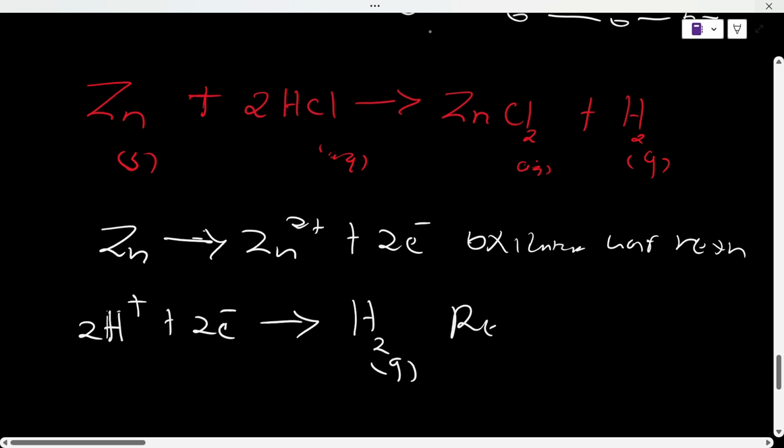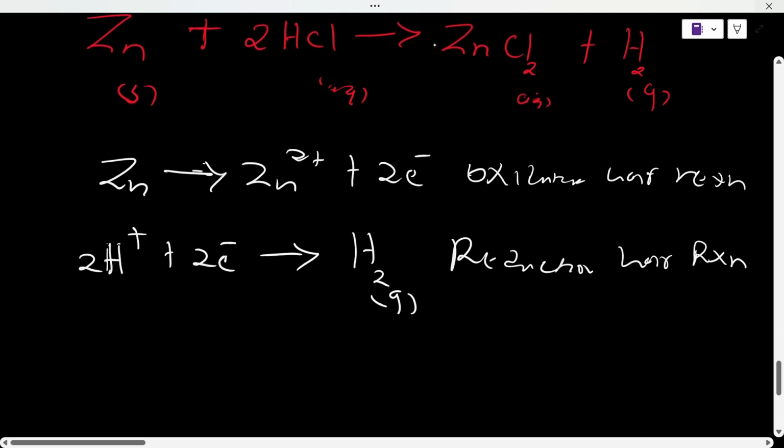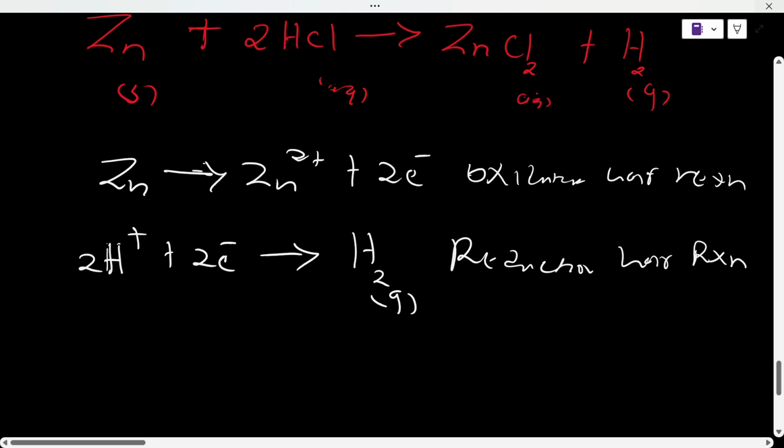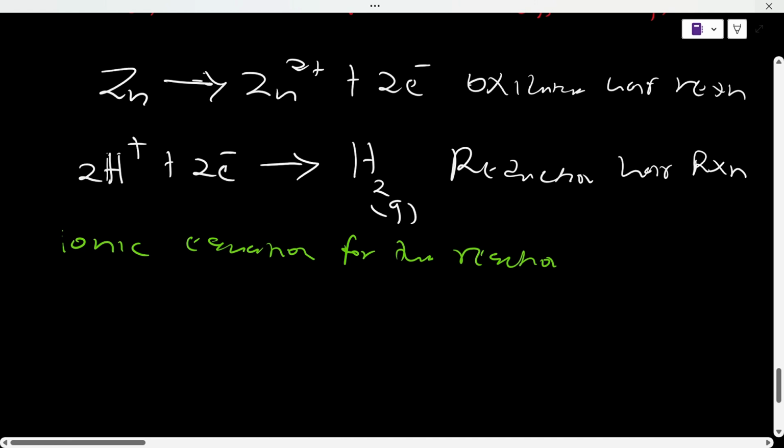This is reduction half reaction. When the two are joined together, I can come up with the ionic equation for the whole reaction.